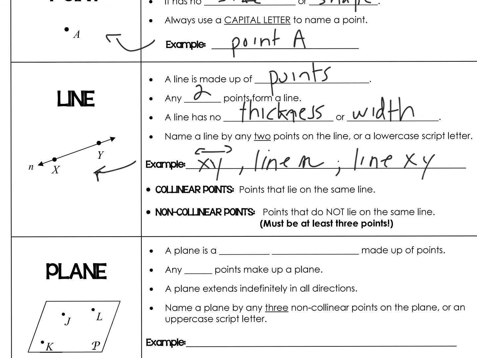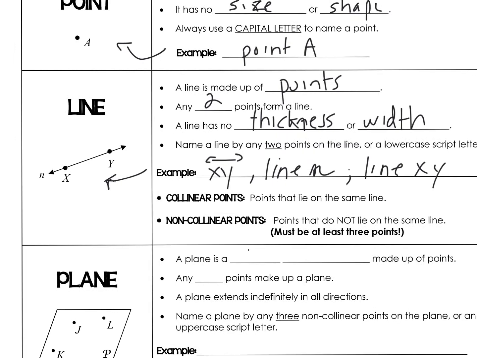Okay. A plane is a flat surface, a flat surface, made up of points. Any 3 points make up a plane, because if you have 3 points, then it's not a line, if they're not on the same line.